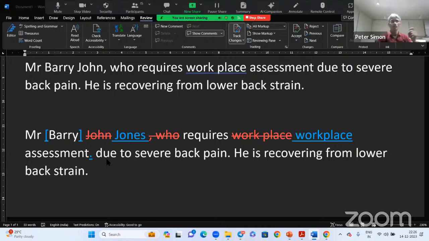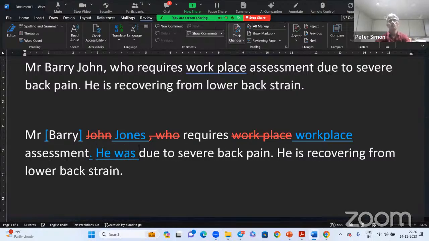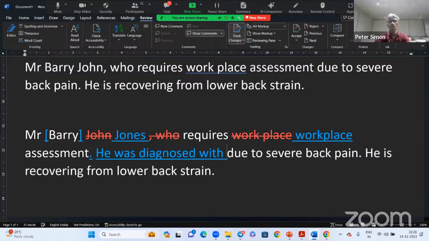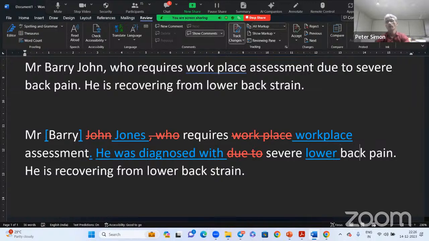So if you want, you can write another sentence. He was diagnosed with severe lower back pain. What is given?